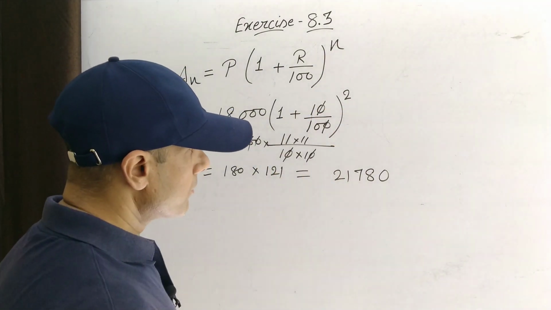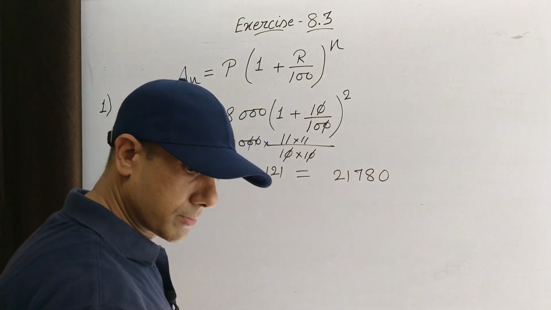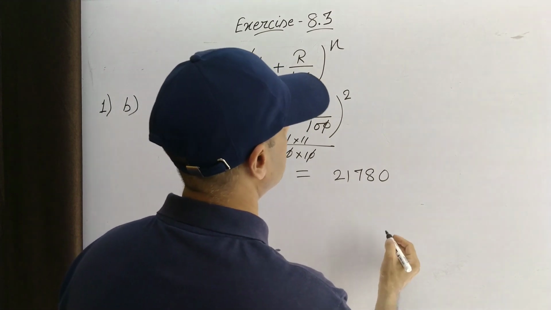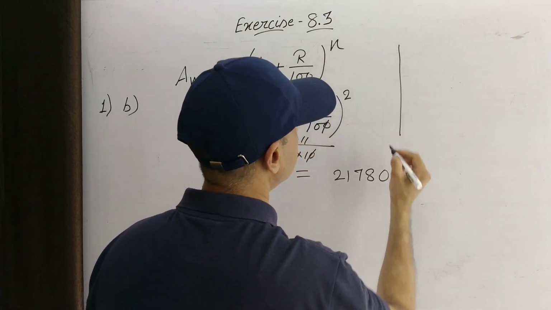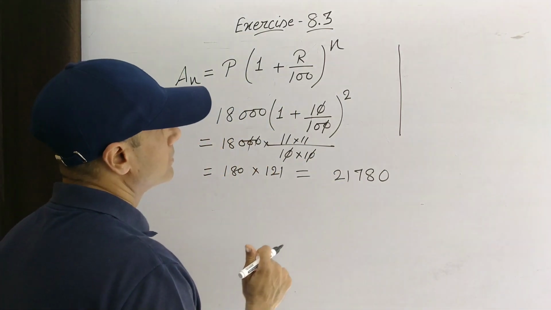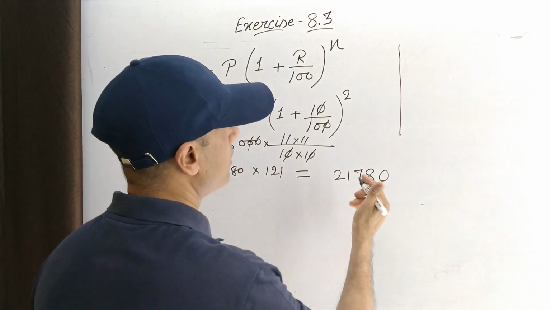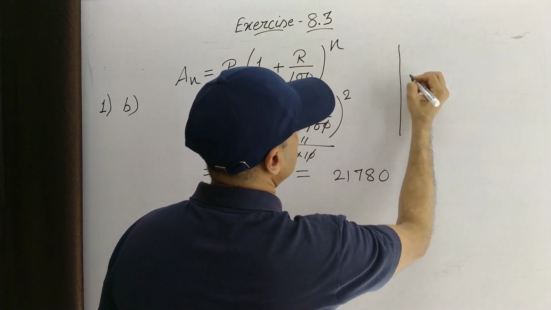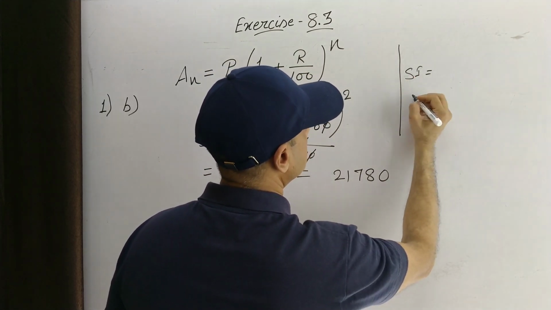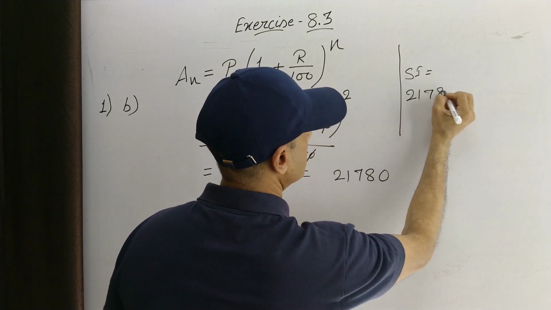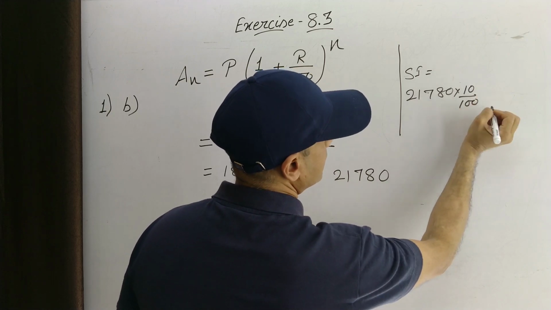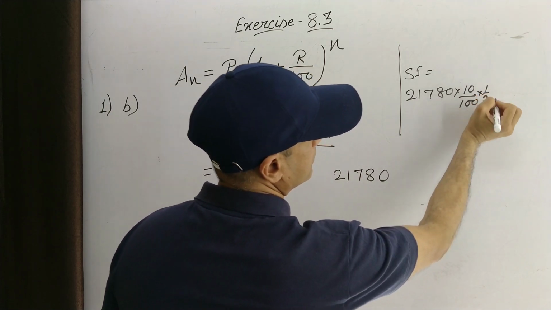Now we have to calculate for another 6 months. So on this we apply simple interest. Simple interest again is 10% per annum, and this is for 6 months, that is half a year. So automatically the simple interest on this amount will be equal to 21780 into 10%, that is 10 by 100, and this is for half a year.